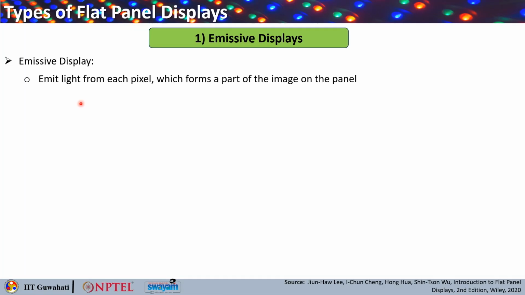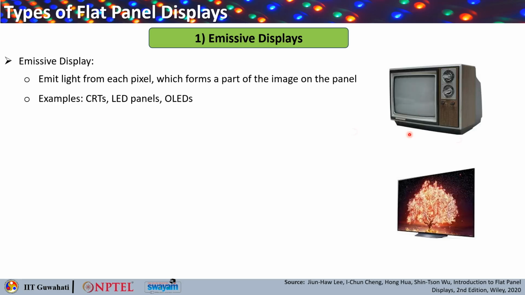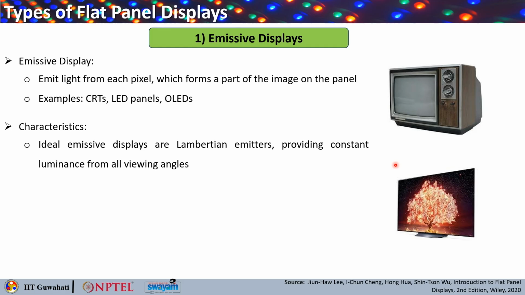In an emissive display, light is emitted from each pixel, which forms a part of the image on the panel. Examples of emissive displays are CRT and LED panels and also OLEDs, organic LEDs. Semiconductor LED or organic LED both fall in the bucket of emissive display, because here the pixel itself is giving out the color, they are emitting light.